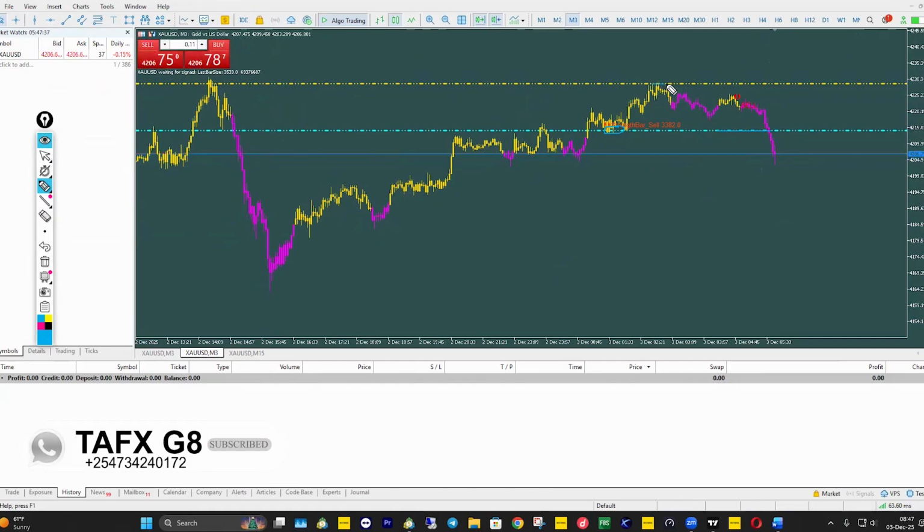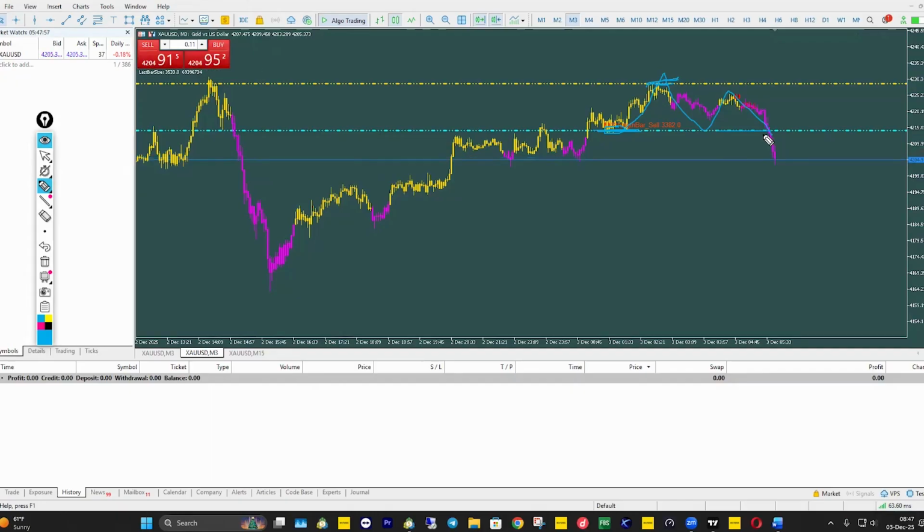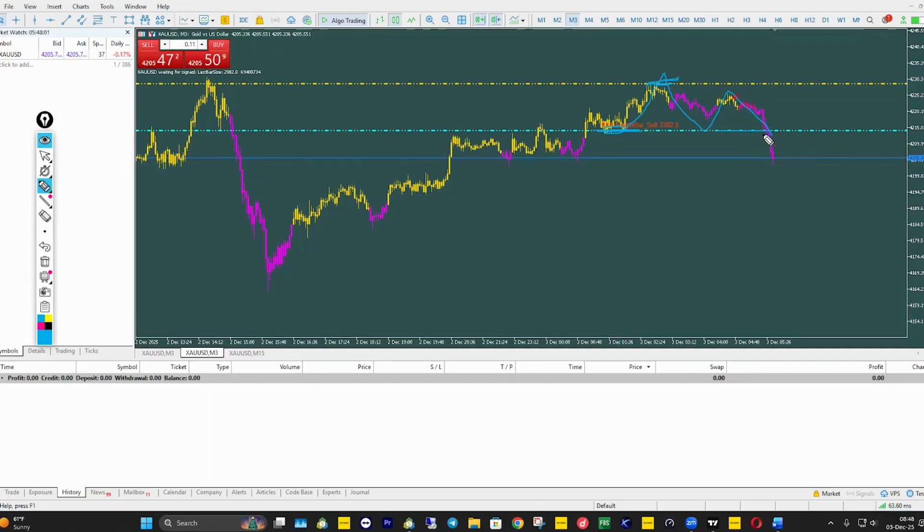You won't struggle whether this is a real resistance or supply at this point, or higher highs or lower highs, or lower lows, higher lows, support or demand. These indicators are enough to help you know where the market is going.